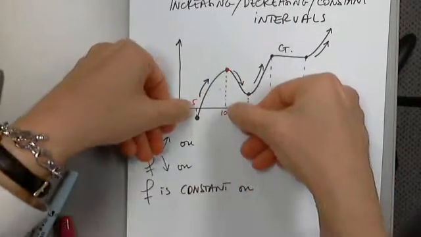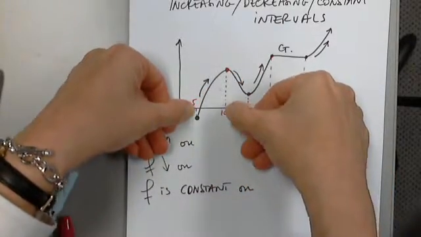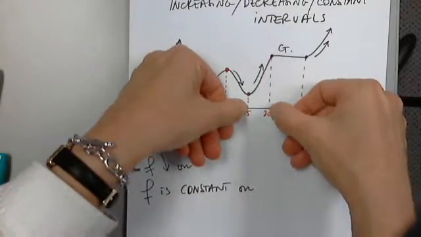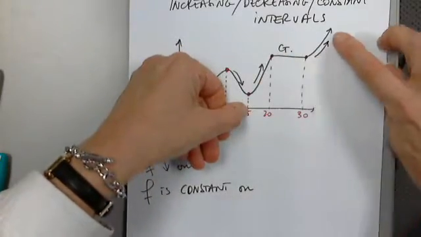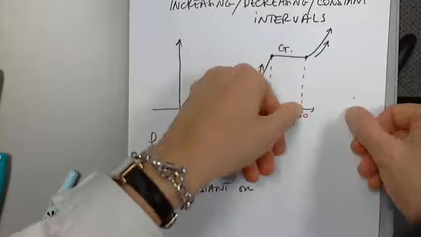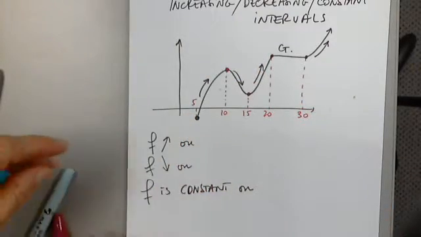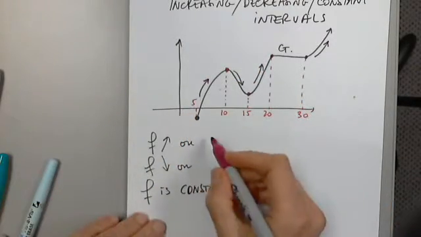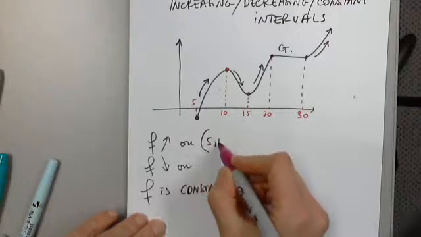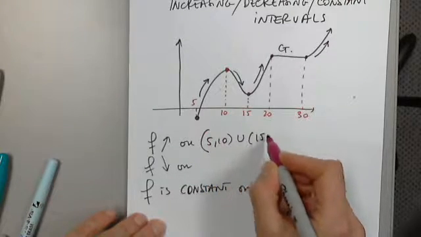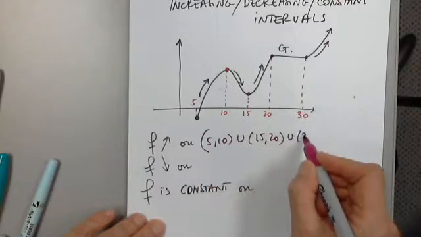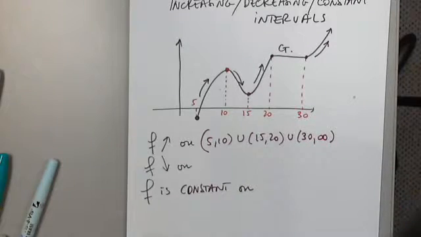This piece between 5 and 10, this piece between 15 and 20, and this piece between 30 and infinity. And that's exactly what I'm going to write. So the function is increasing on the interval, all with parentheses, 5, 10, union 15, 20, union 30, infinity. That's all I'm asked to write.